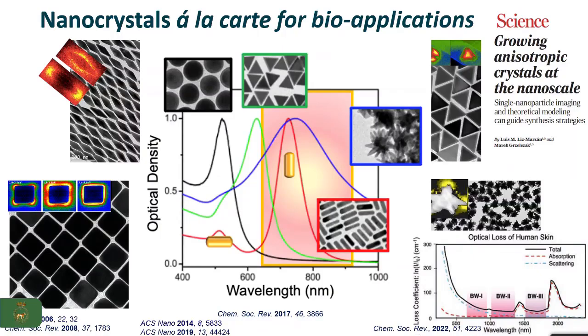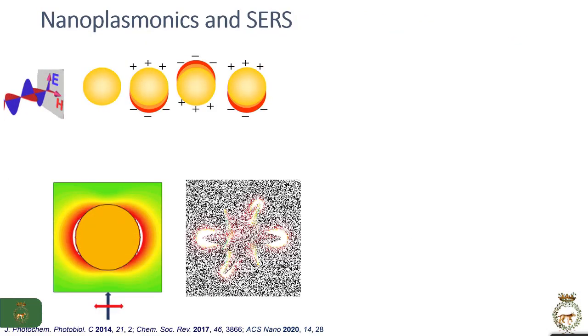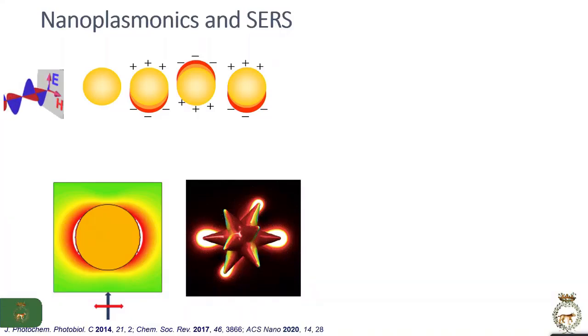And it typically absorbs and scatters light in most of the visible. But if you go to the near infrared, there are several windows through which the human tissue can propagate light. And so we can create nanoparticles, in this case metal nanoparticles, that absorb light exactly within this transparency window. And now we are all set to go for the applications.